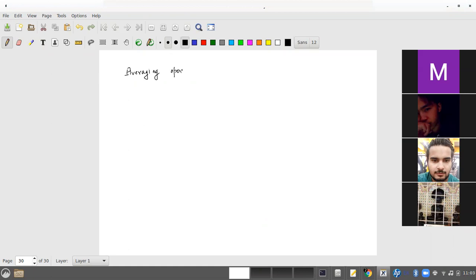Averaging operation. So if I have some input V in of t, for example a pulse width modulated waveform, it may be something like this, that this is my time period. This is half the time period.